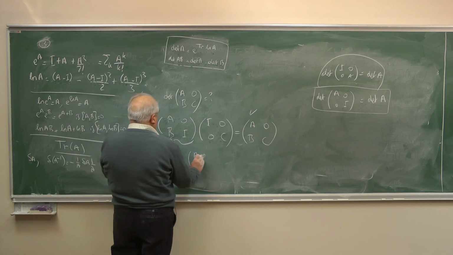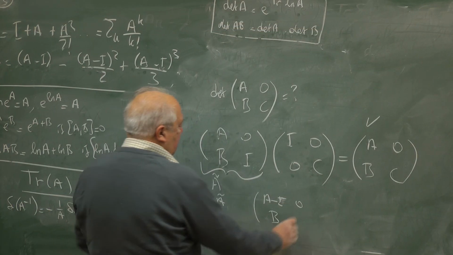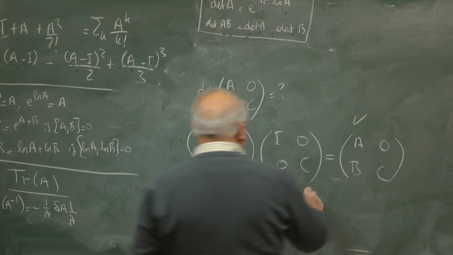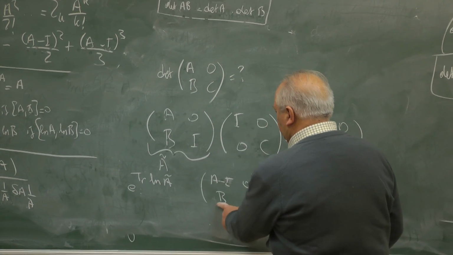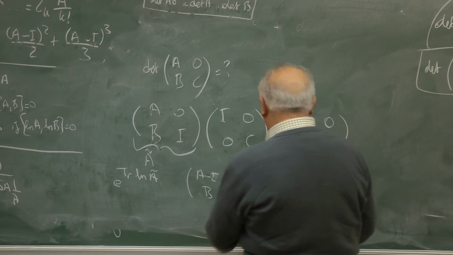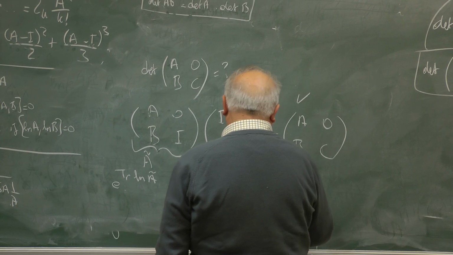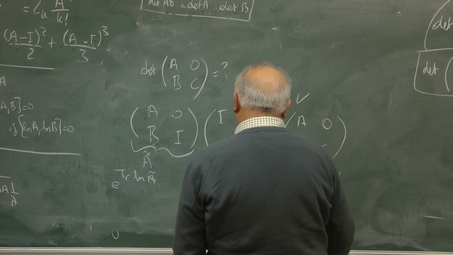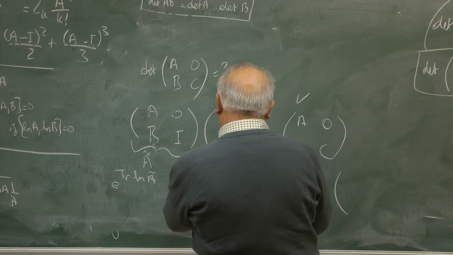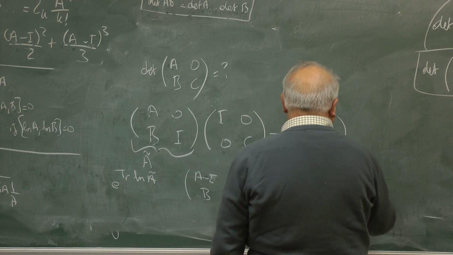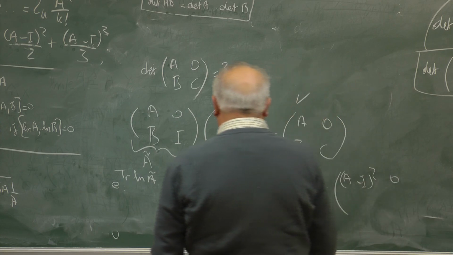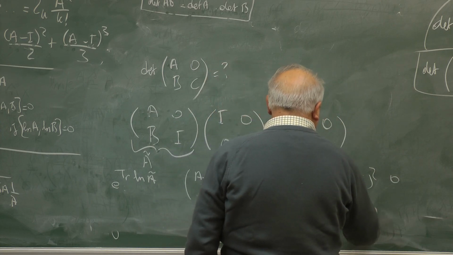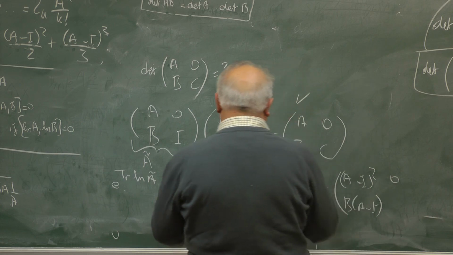A minus I, 0, B, I minus I is 0. So let's look at, for example, the second power. B does not contribute to the trace. In the second power, this is A minus I square, this is 0, and this is B times A minus I and 0.